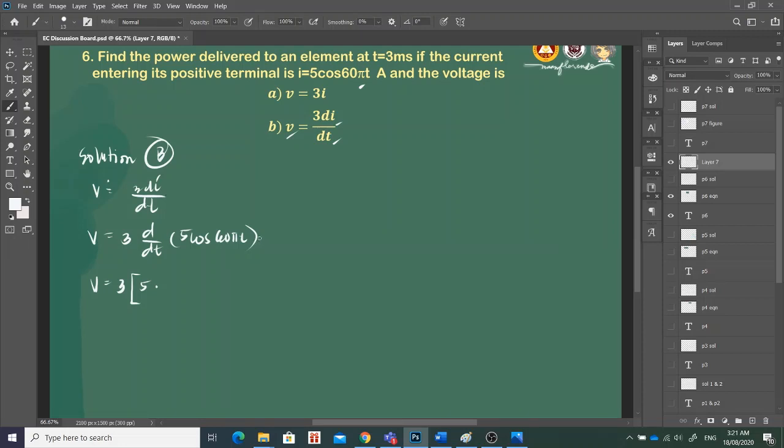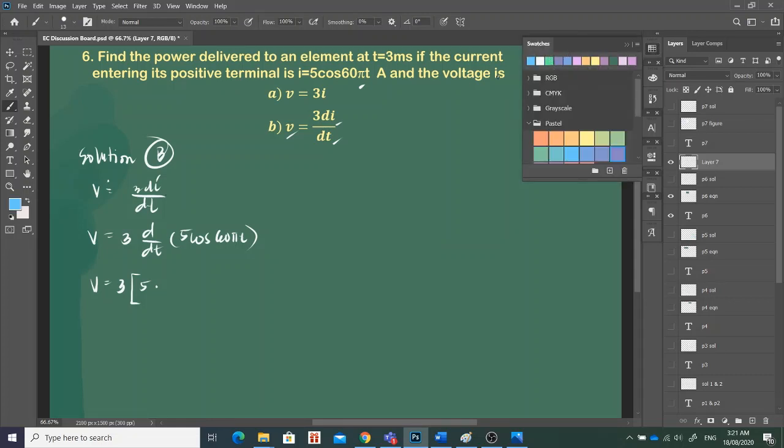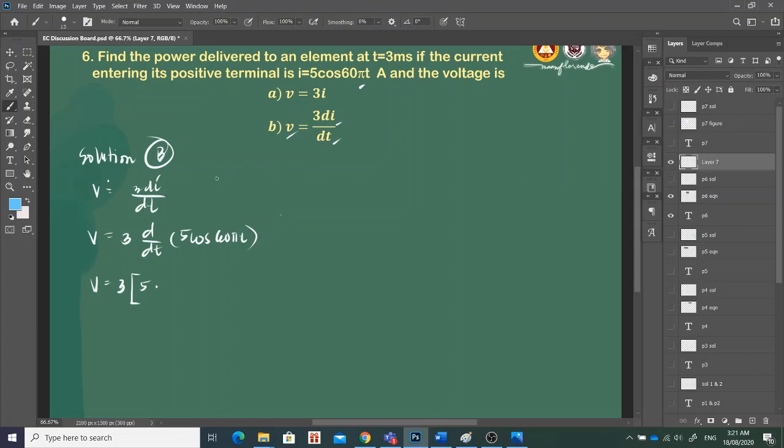Mag-recall tayo: the derivative of cosine u is equal to negative sine u du. Kanina, the derivative ng sine, cosine. Ngayon, the derivative of cosine is negative sine.